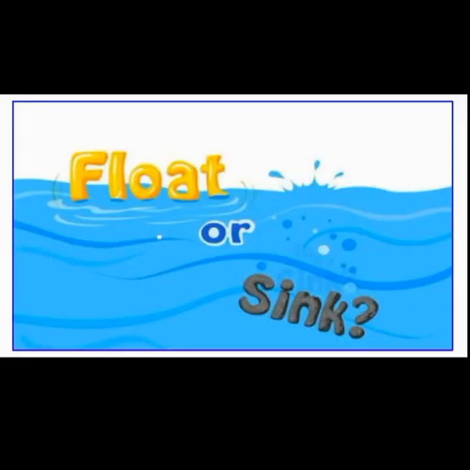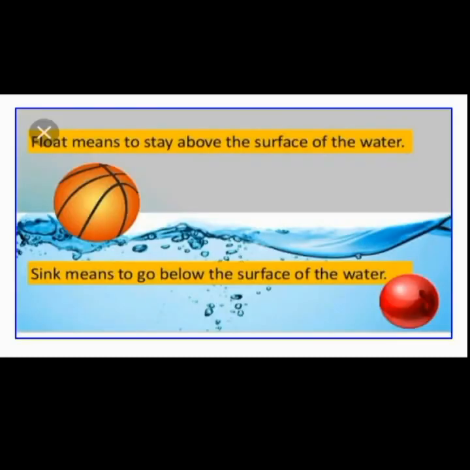We have seen certain things above the water and some below the water. So what is meant by float or sink? Float means to stay above the surface of the water. So those things are floating in water, like green leaves, boat, etc. On the other hand, sink means to go below the surface of the water.